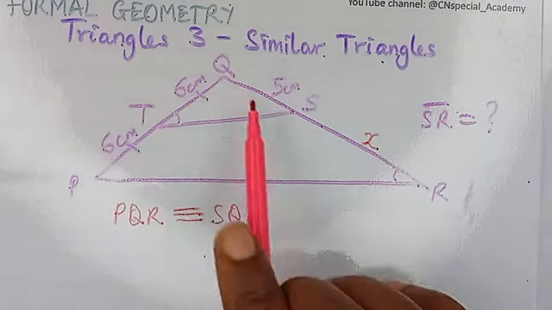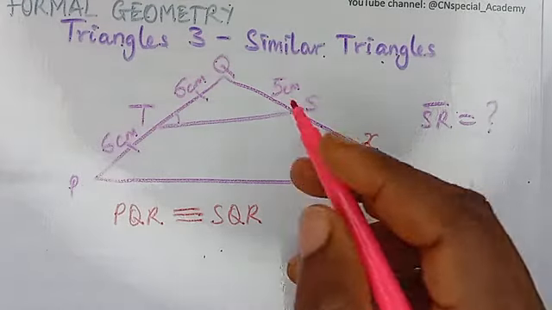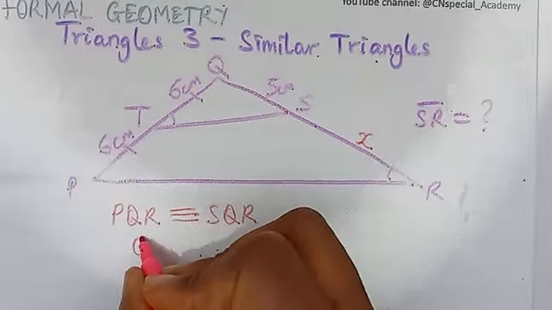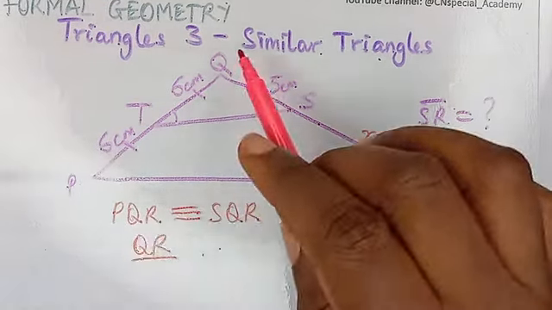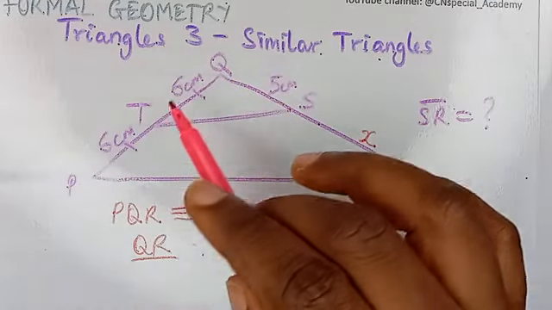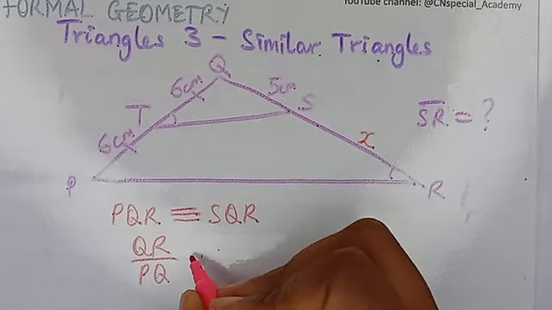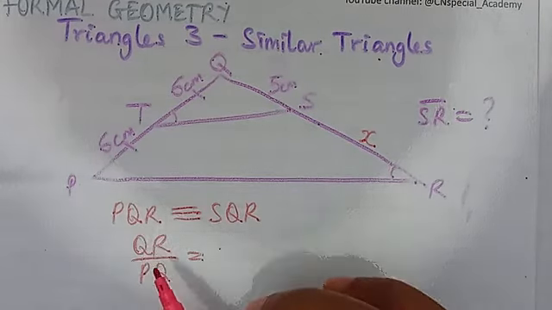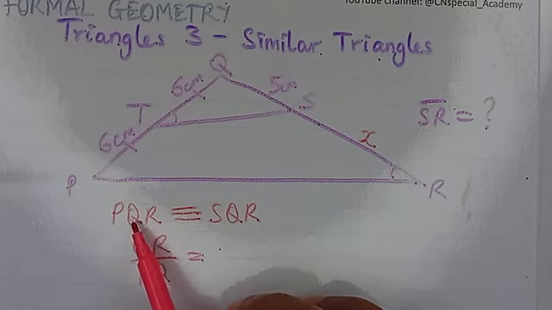So I could say side QR, which involves what we are to look for, over PQ, this other side that we know its value. Side QR over side PQ is equal to, now that I've named from what I'm looking for, let's duplicate the corresponding sides. So we said QR.